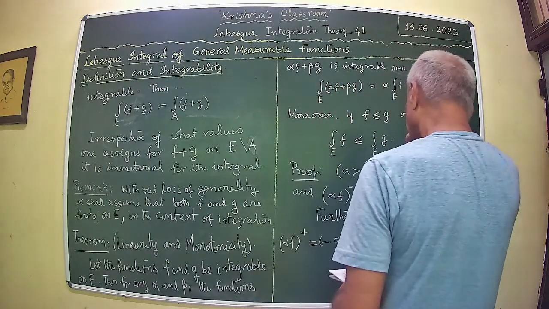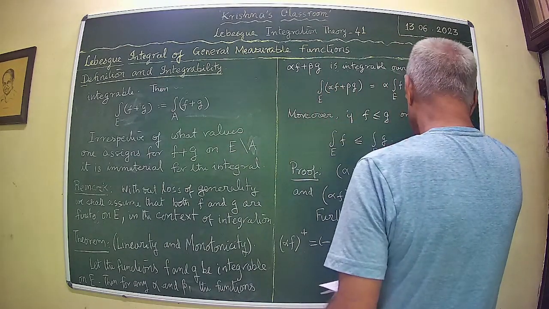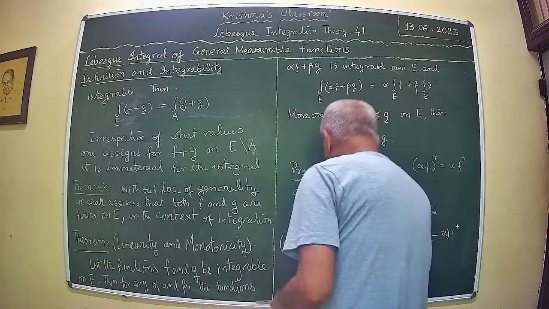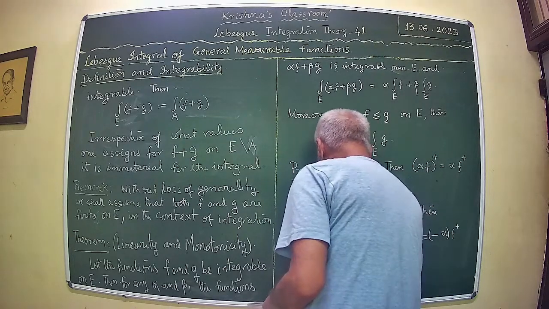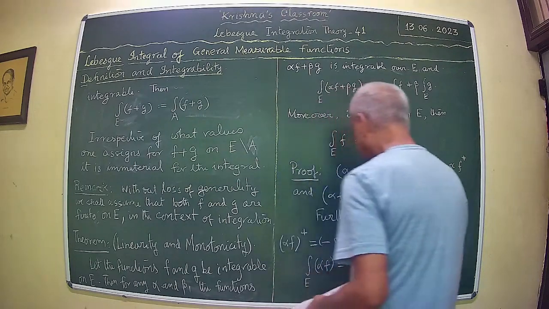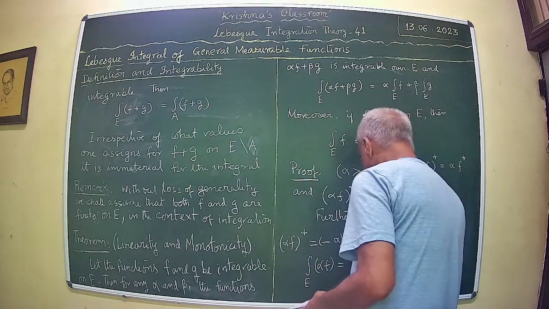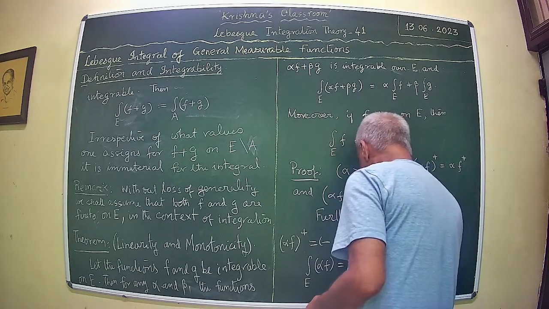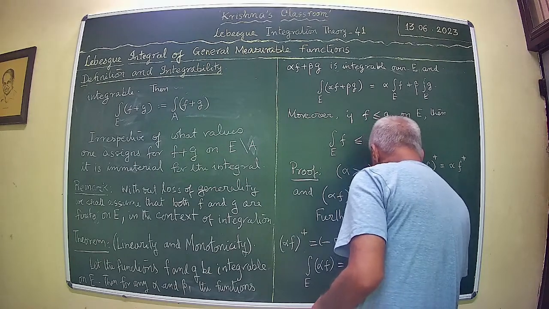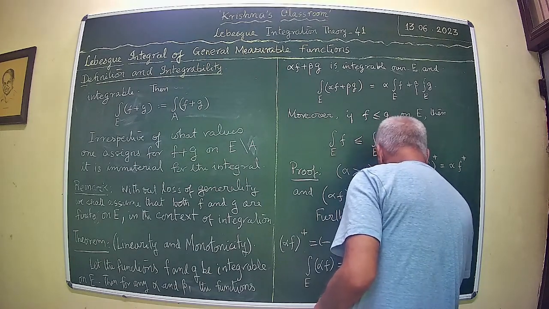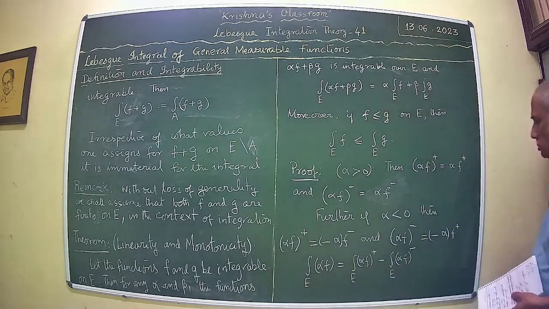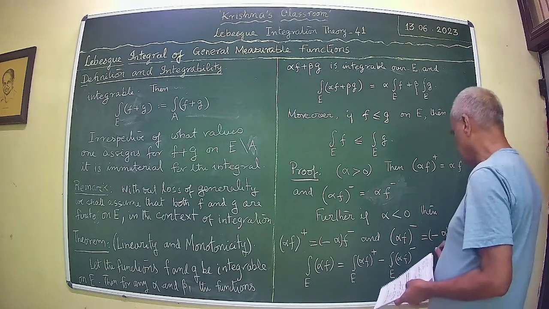Now you see that for alpha positive, alpha f by definition is the integral over E of the positive part minus the negative part.